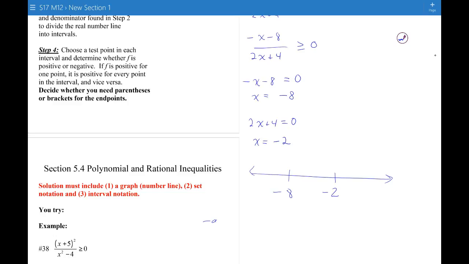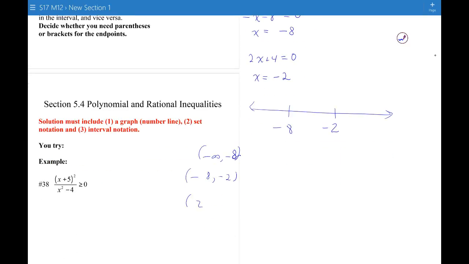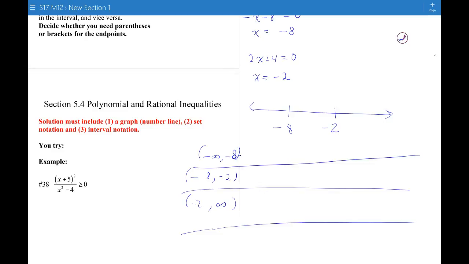So our intervals are from negative infinity to negative 8, negative 8 to negative 2, and negative 2 to infinity. So these are my intervals. Here's my test point. So I'm going to try negative 10.